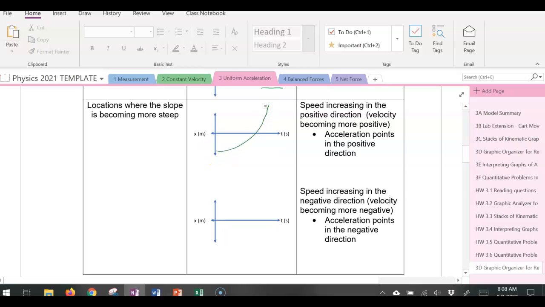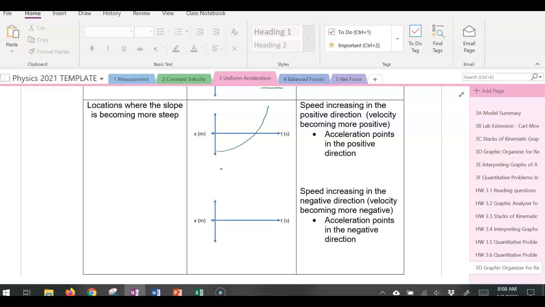So it would be curved in this kind of fashion, where at the beginning, the tangent line would be horizontal, but as time goes on, the tangent line would have a steeper and steeper slope. This is telling us that this object is speeding up as it moves in the positive direction.